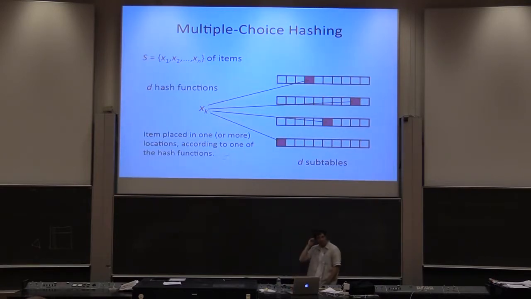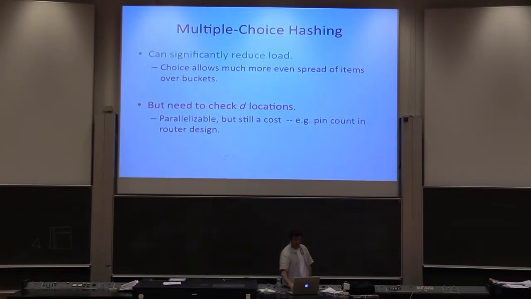Okay, so again, you can view this in another way. You could just view this as having a split table and getting one choice from each of the d subtables. And again, that really doesn't affect anything, although it can, as we'll talk about in just a sec. The point of this is, you can think of this in terms of trade-offs.